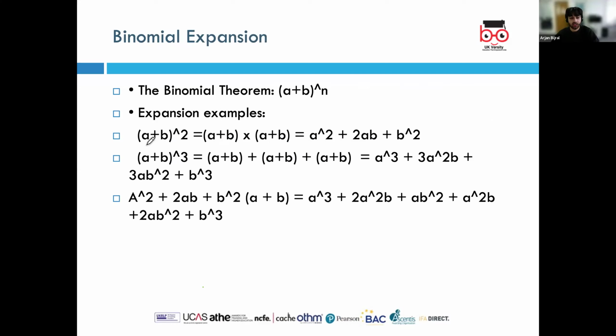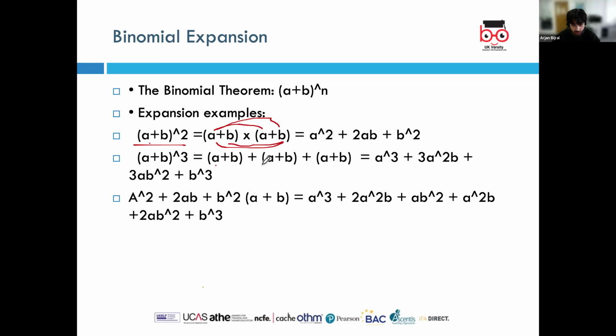Okay, did you understand the squaring bit? You know, where I said it's this times this times this, and then this times this, and then this times this. Did we understand this bit, right? Yeah. Right. Okay. Now, all I'm doing is the same thing here. With the cubed, it's the same thing.